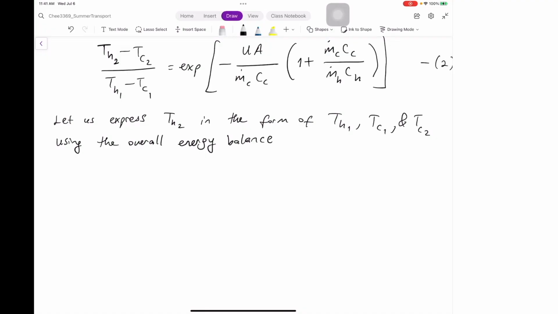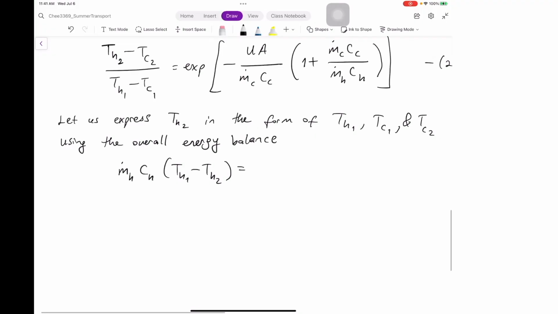As we dictated in the very first line of the class. m_hot·C_hot (T_hot1 − T_hot2) is equal to m_cold·C_cold (T_cold2 − T_cold1).